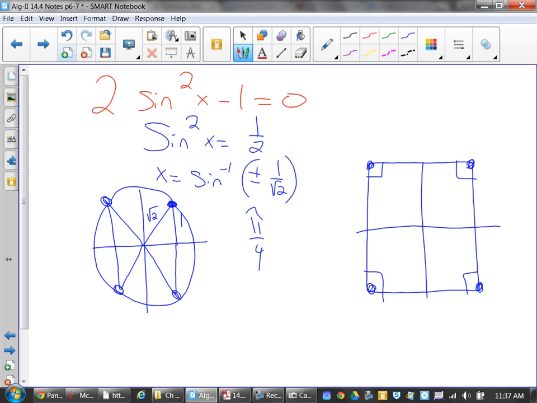So the only time you have to worry about the pi over 2 is if you have a plus minus for a 1 over root 2. If you're plus minus at a 45-degree angle, your answer is always going to be pi over 4 plus pi over 2 n. That's it? That's it.